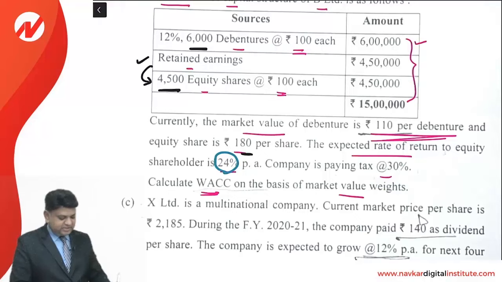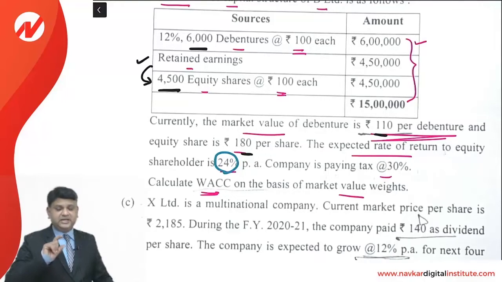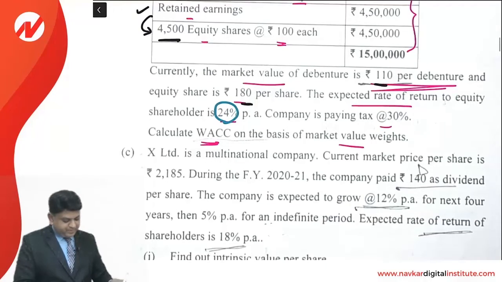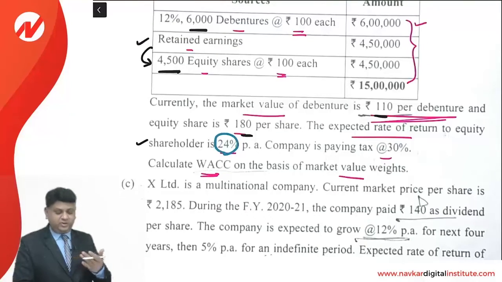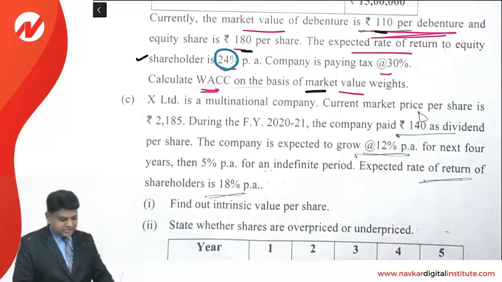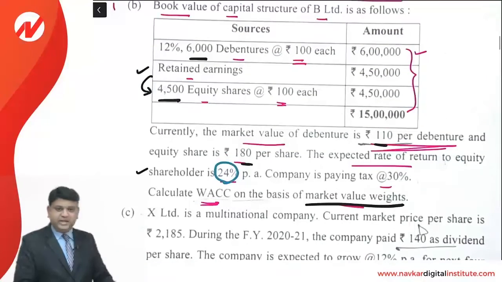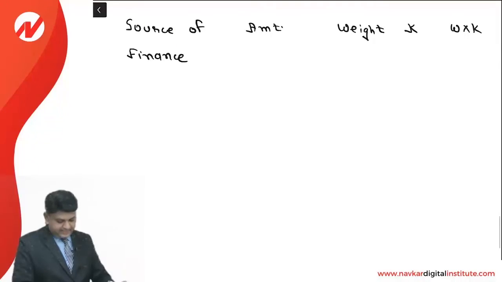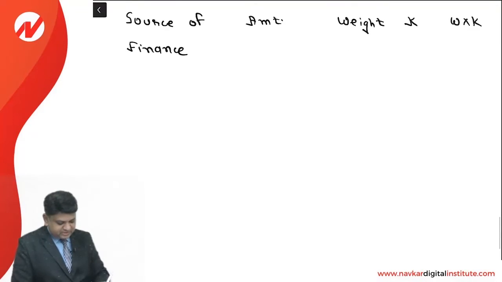Debentures 6,000, its market value 110. That is the way we will compute the amount. Its weight or proportion will be calculated, into cost of capital. For equity share it is 24% and for debentures we have calculated. The language of the question is very clear. We are required to compute the answer using the market value weights. So in source of finance, I am writing first of all, as per the sequence of the question, debentures.